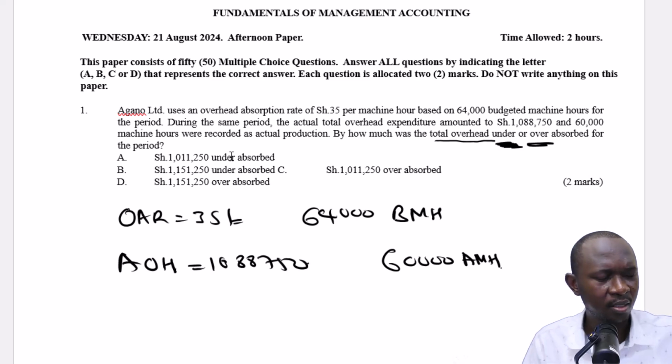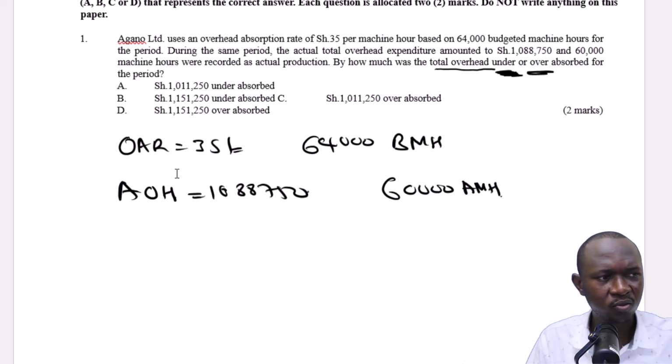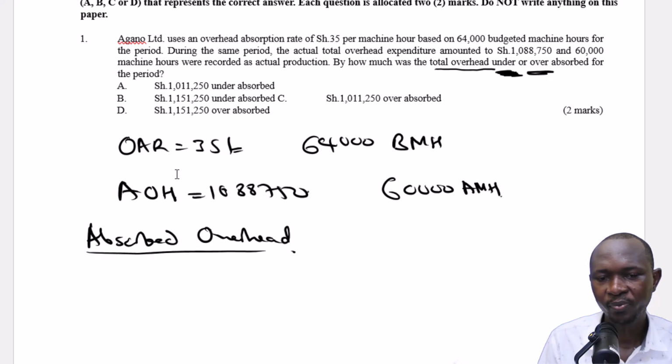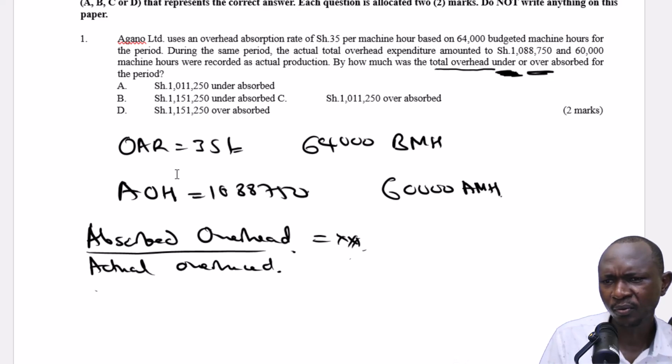This is quite a straightforward question, and the first part is to calculate the absorbed overhead. After we have calculated the absorbed overhead, we will compare this figure with the actual overhead and see whether the total overhead was under or over absorbed, because that is what the question is all about.